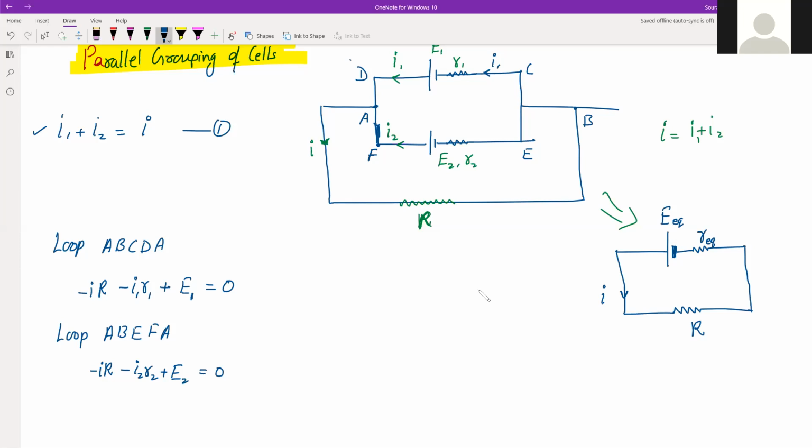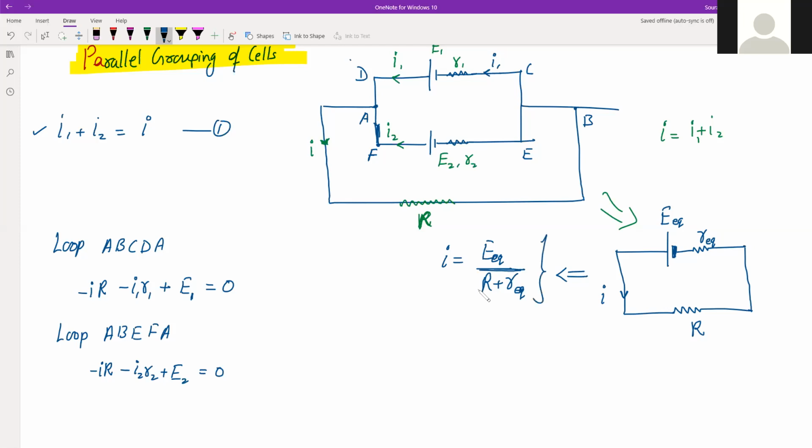Now if we apply the basic definition of EMF and current, here we get I is equal to equivalent EMF divided by R plus R equivalent.